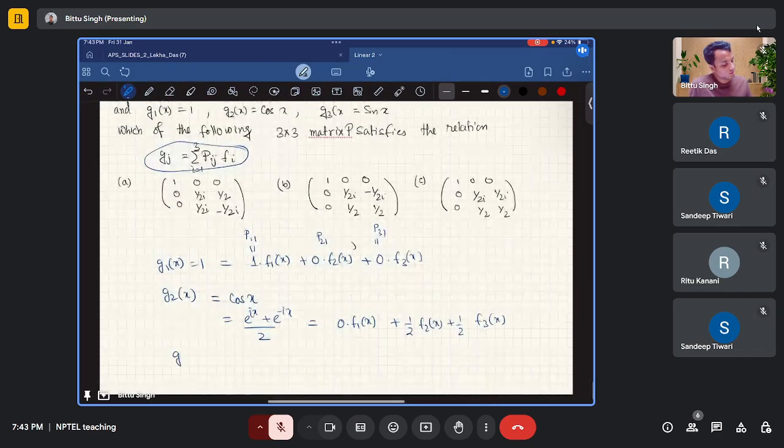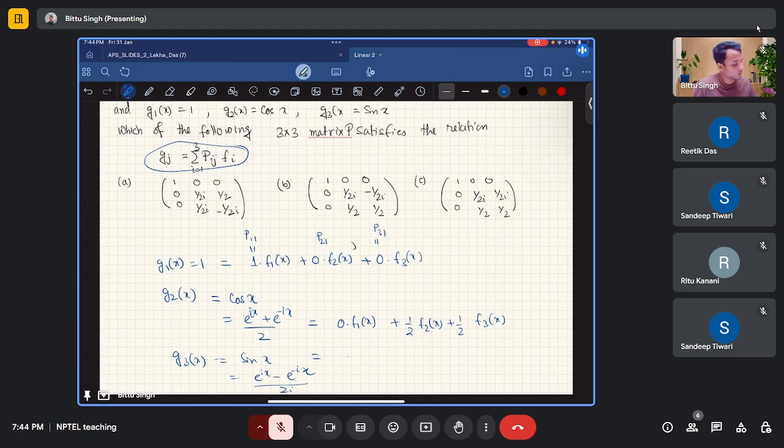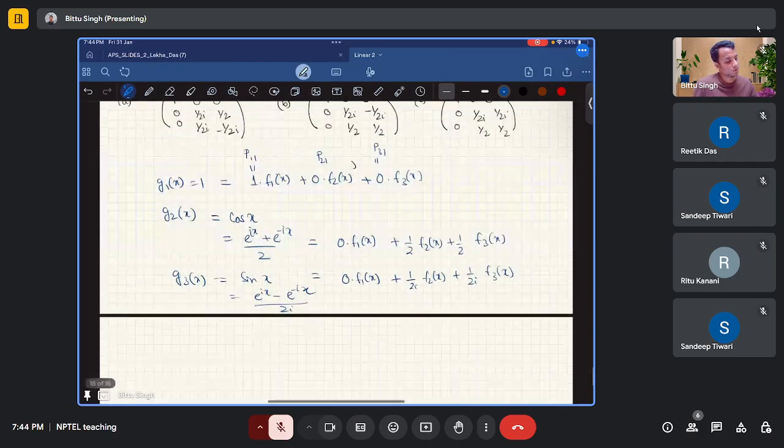Now similarly g3(x), which is sin x, is e to the power ix minus e to the power minus ix by 2i. If you write this, you are getting 0 times f1(x) plus 1 by 2i times f2(x) plus minus 1 by 2i times f3(x), right?